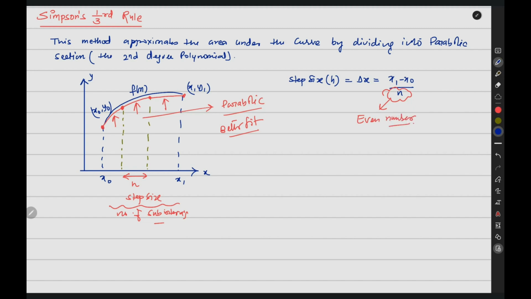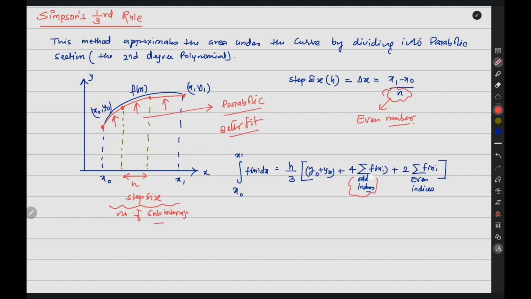So now we will write the formula: integration from x0 to x1 f(x) dx equals h by 3 bracket first term plus last term plus 4 into summation of odd indices plus 2 into summation of even indices.